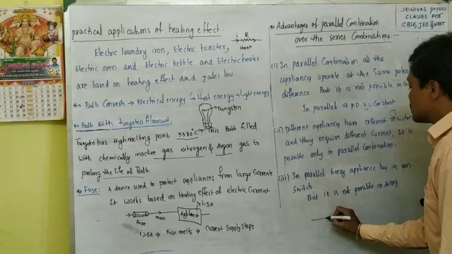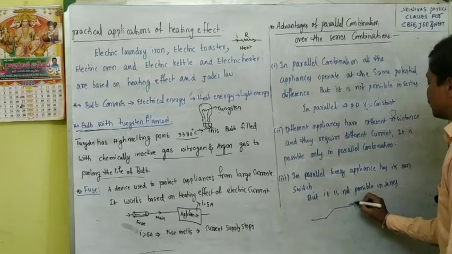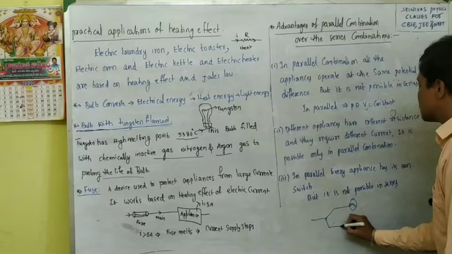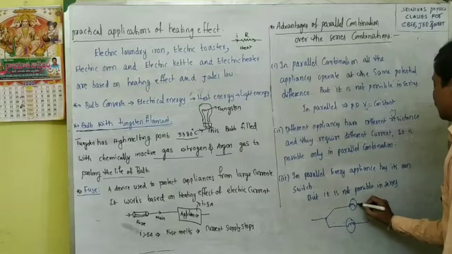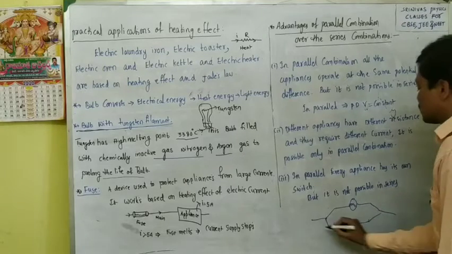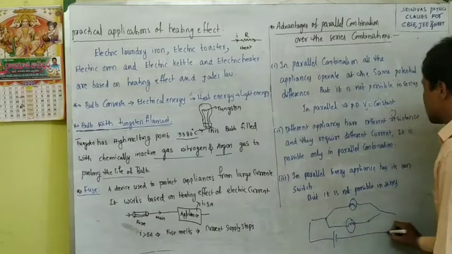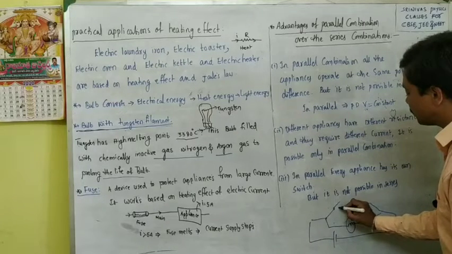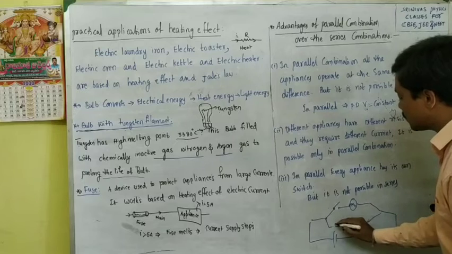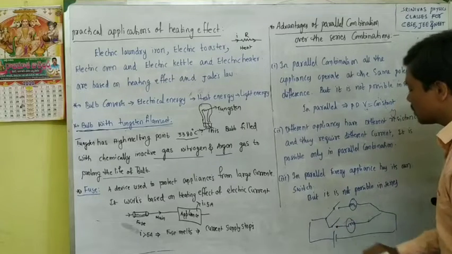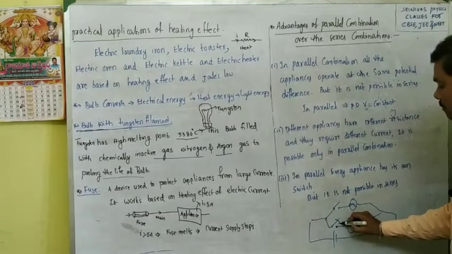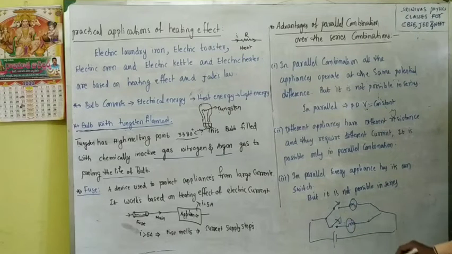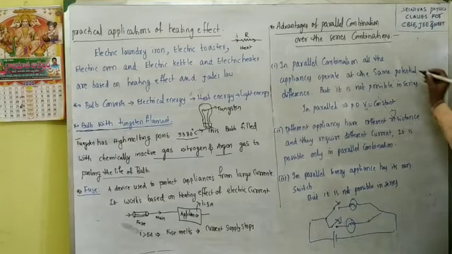Look here, for example, this is the first bulb and this is the second bulb. This combination is parallel. Here we will use one switch, and here we will use another switch, so different appliances have different switches. But this is not possible in series.